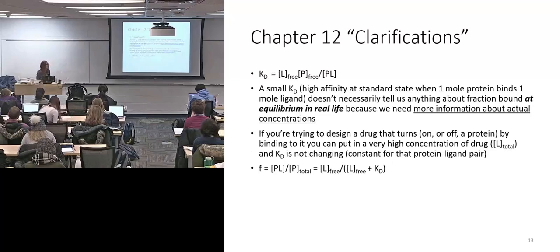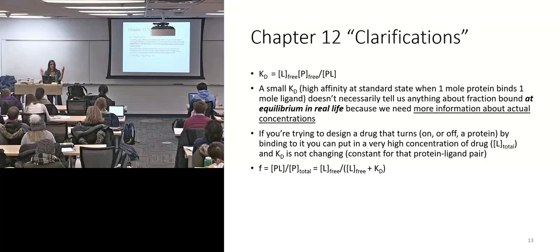This is the equation for the dissociation constant. Okay, so again, I don't think I put the free subscripts on the equation sheet. They're implied. If they're not there, it means free. So a really small or a really low KD value means we have high affinity, strong binding, and it's also for this standard state condition where we're talking about 1 mole of protein binding 1 mole of ligand.